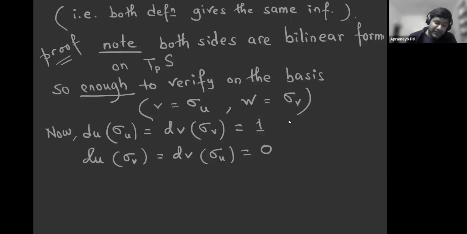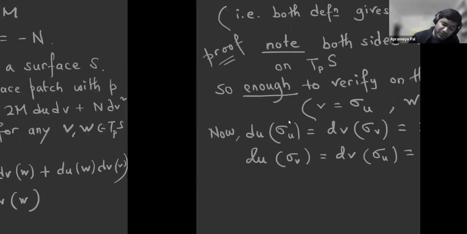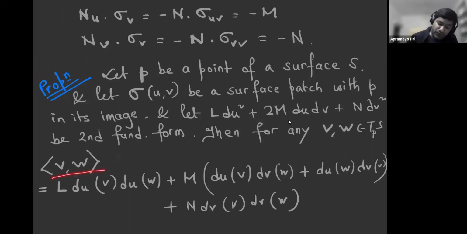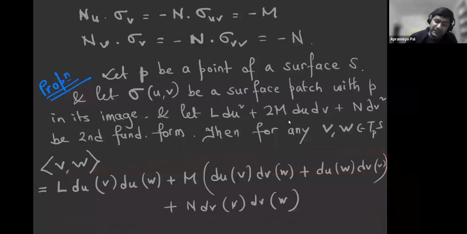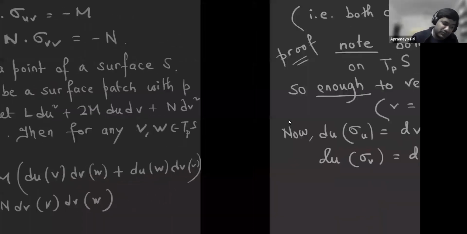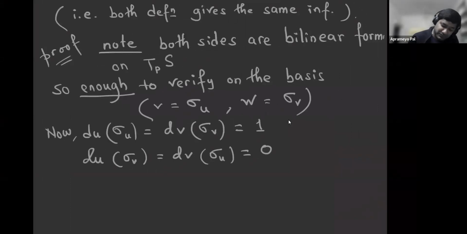Okay, that's very nice, because now if you put sigma U and sigma V instead of V and W in this long expression, it's immediate to reduce.